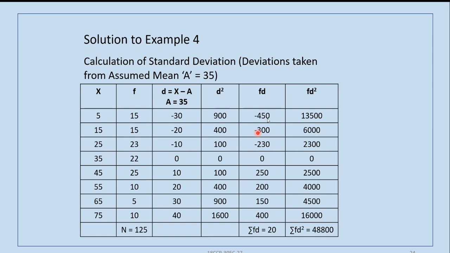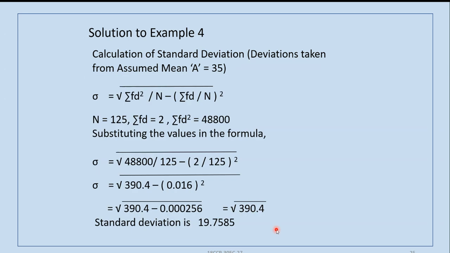One second. 450 plus 300 is 750, 750 plus 230 is 980, minus 980, so 20 is correct.